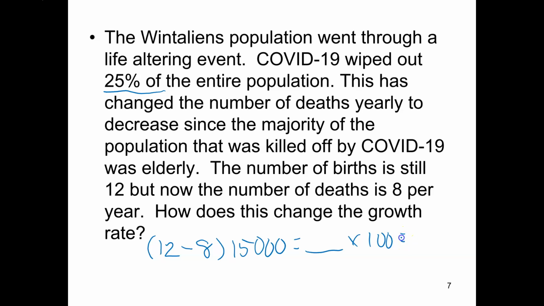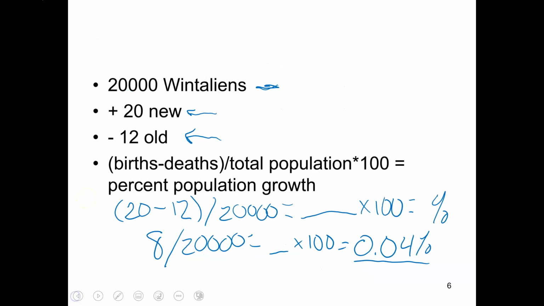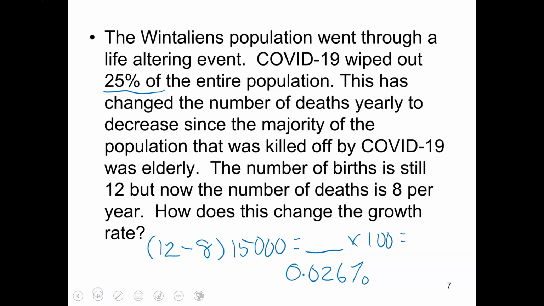I'm going to do this on my handy dandy calculator: 4 divided by 15,000 equals 0.000266667. Multiply that by 100 and I get a 0.026% growth rate. The original was 0.04. Now we've decreased that positive growth rate. It's still a positive growth rate, but it's decreased.